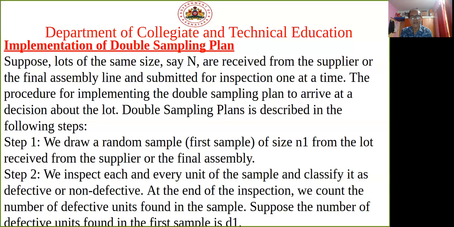In the first step we have taken a random sample of N1 items, and inspected each and every unit. Then we separated the defectives and non-defectives and counted the number of defectives present in sample one. D1 is the number of defectives in sample one.